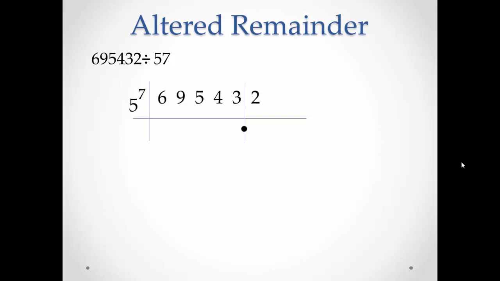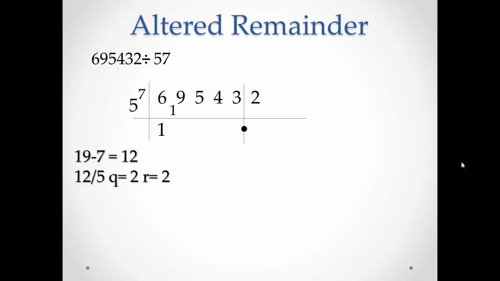Let's take another example, 695432 divided by 57. We divide 6 by 5, so we get quotient 1 and remainder 1. The next step is to subtract: 19 minus 7 is 12, and 12 by 5 gives quotient 2 and remainder 2.